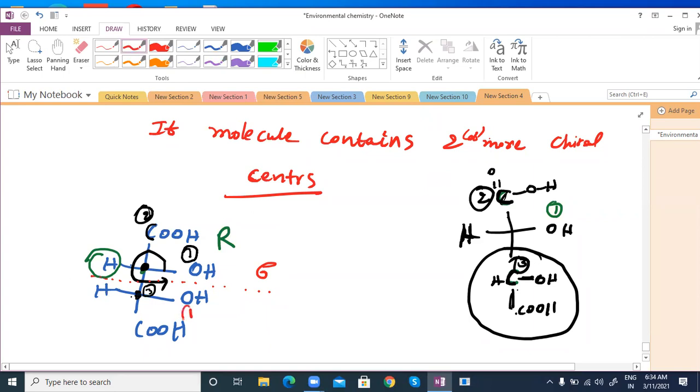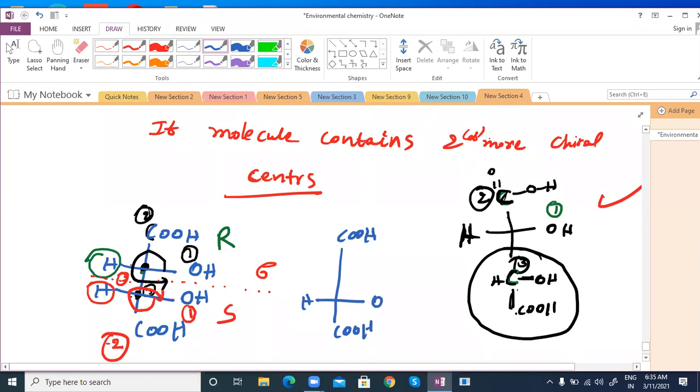So here 1, 2, COOH is the second priority, already we discussed, and third is the down one, then fourth should be hydrogen. This is moving 1, 2, 3. Which direction, sir? Clockwise. But the least priority group is present on the horizontal line, so this should be S. So I am writing here COOH, HOH, HOH, COOH.